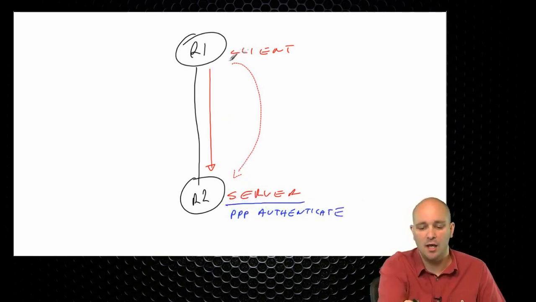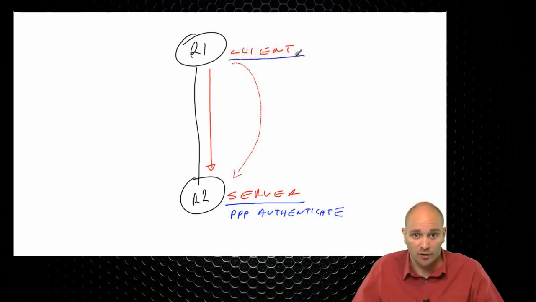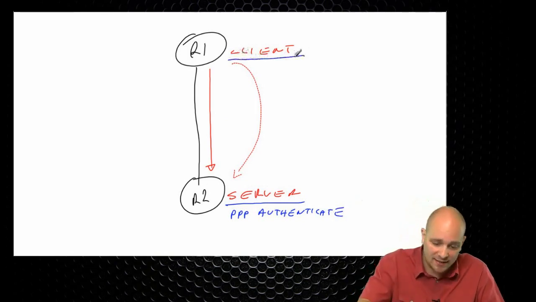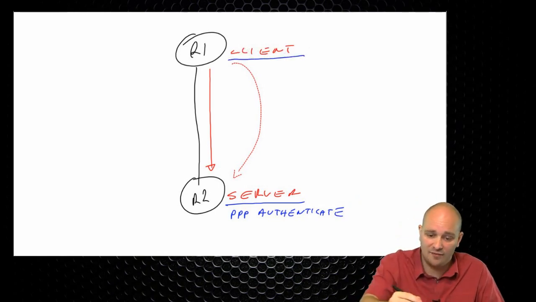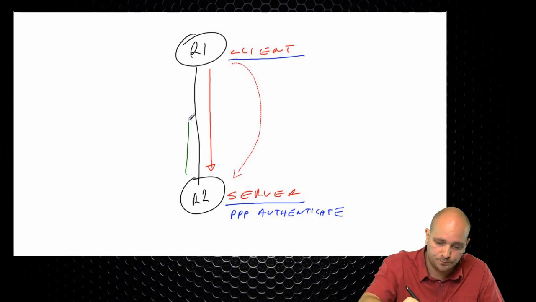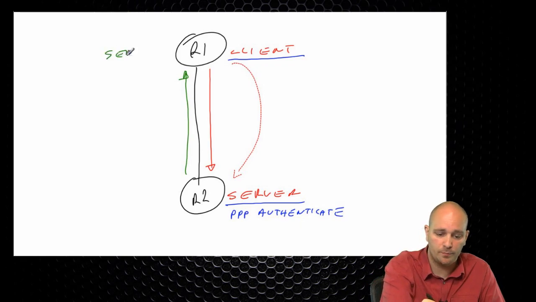On the client, you do not need to configure this. Actually, if you do configure it, you are now requesting R2 to authenticate back to R1. Now, you can have that situation as well, like this, in which case this becomes the server and this becomes the client.